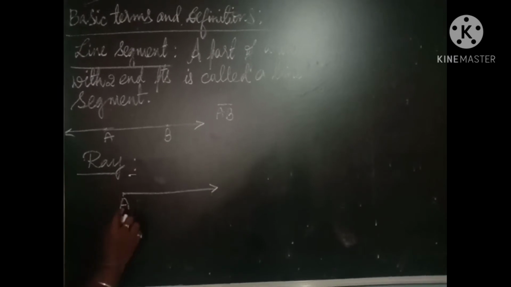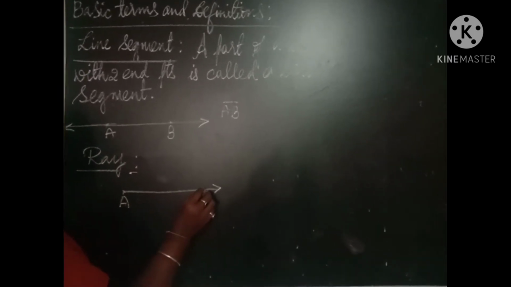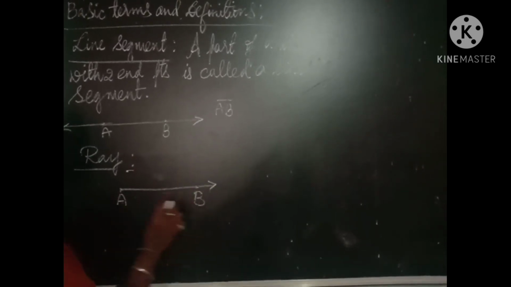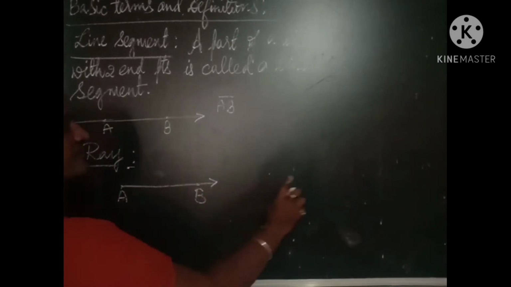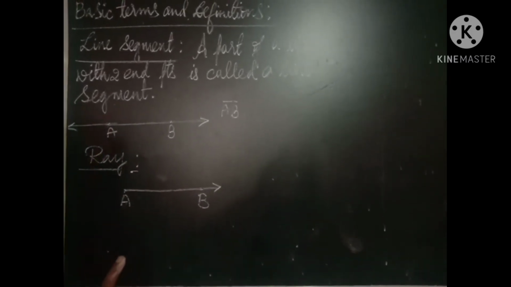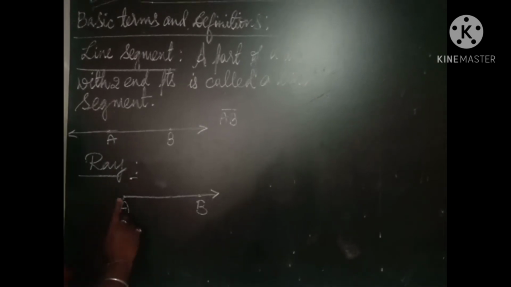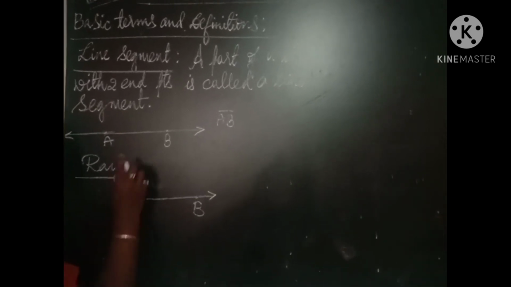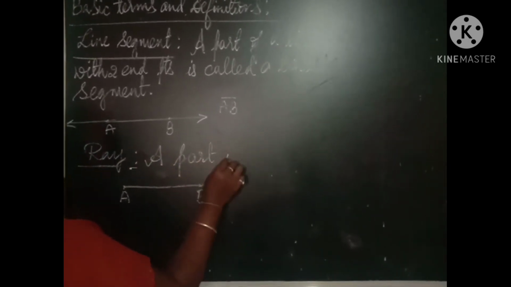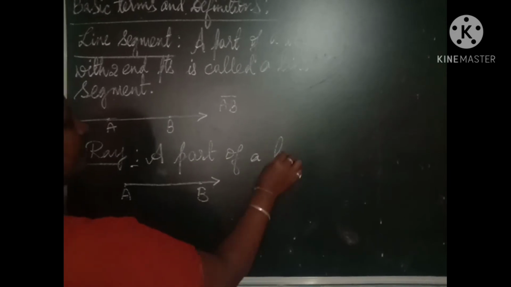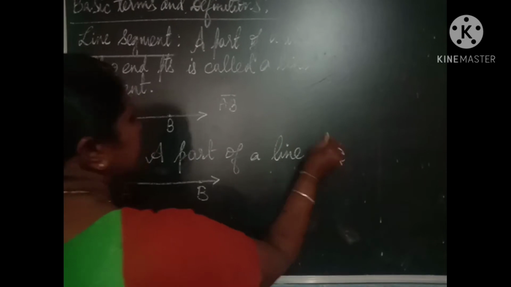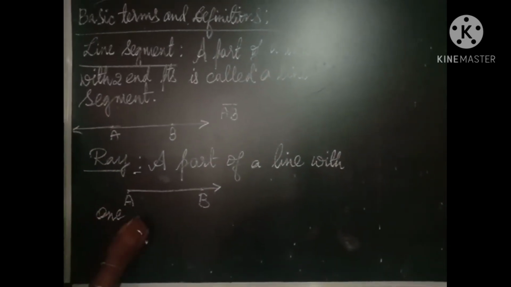Let us call that point A and the other point B. This is a ray, and it continues in one direction. So a ray is a part of a line with one endpoint.